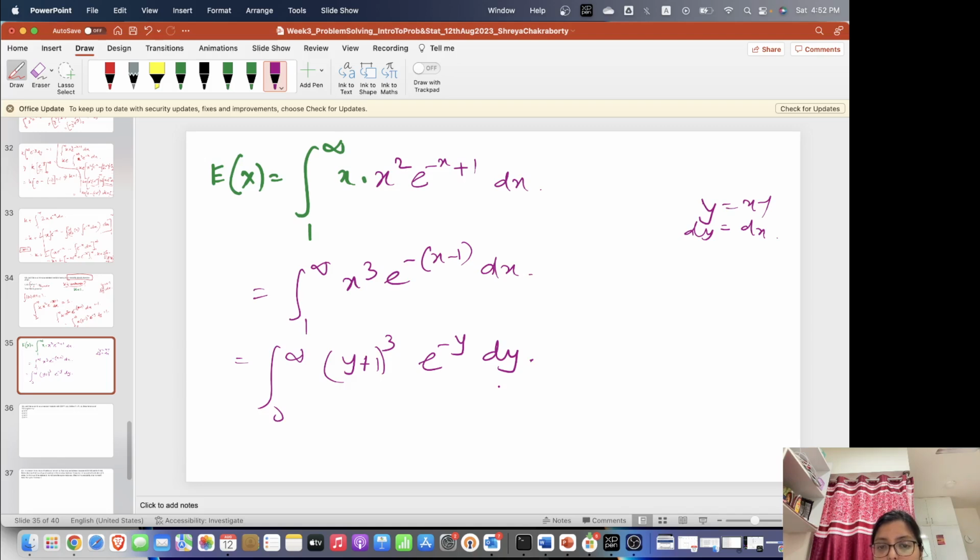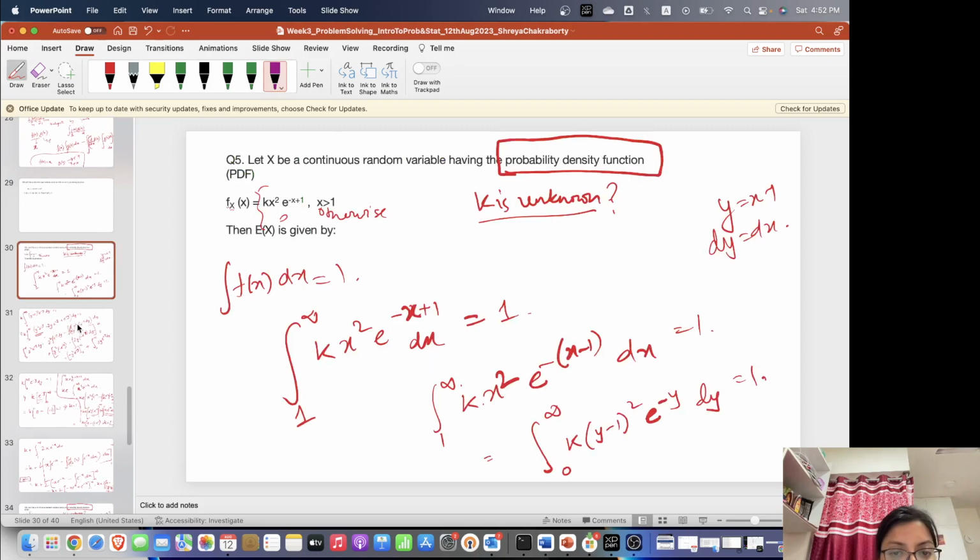But then I think I made some mistake here. Oh, this should have been x plus 1. Kx square, it should have been x plus 1 square.